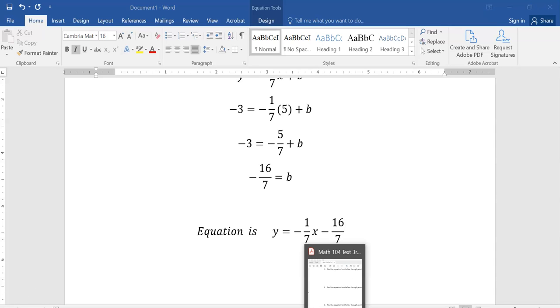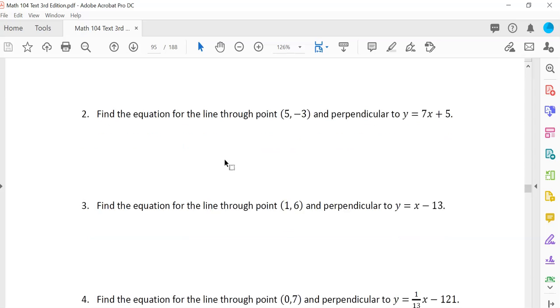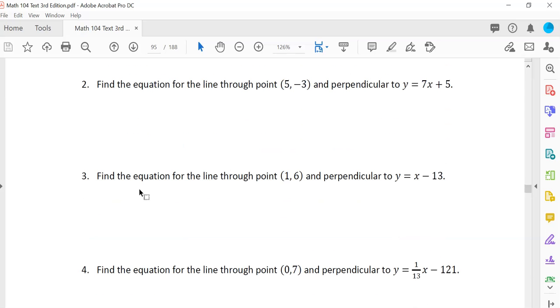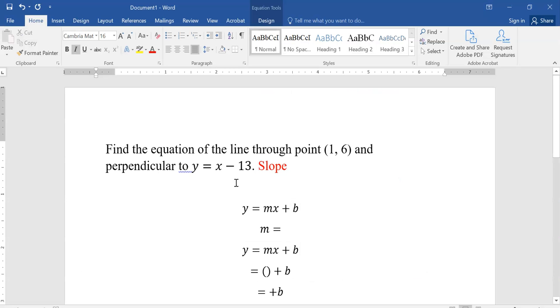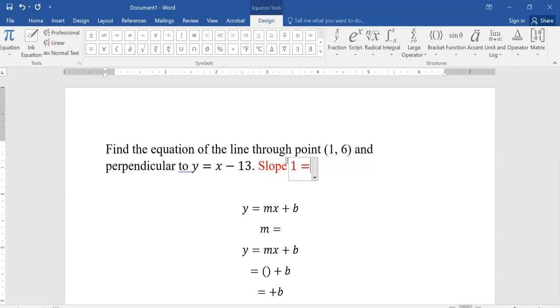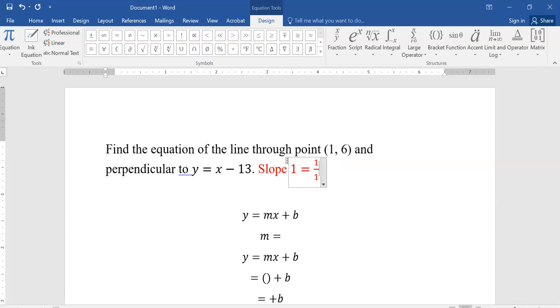Now let's do one more problem from these at-home practice problems. Number 3 says find the equation of a line through the point 1, 6 and perpendicular to y equals x minus 13. All right, so let's pull that one up. First thing I'll notice on this line that I'm given, the slope is 1, and I'm going to think of that as a fraction of 1/1.